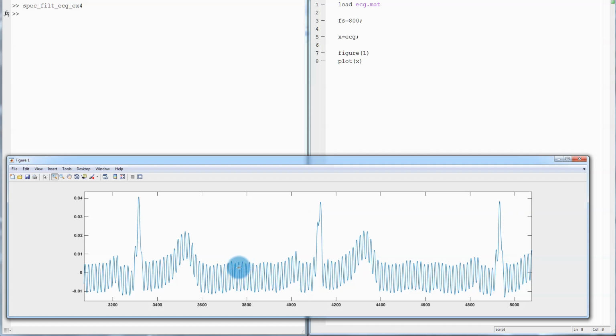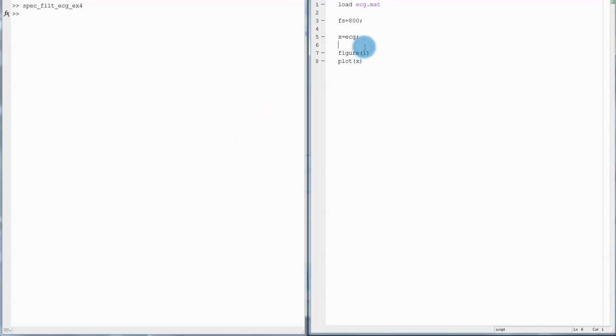And for that, I will use filtering in the spectral domain. And for that, I will use the same steps that I used for the chirp signal. So at first, I will need to take this into the spectral domain by computing the discrete Fourier transform. Now that I have my spectrum, it is a good idea to take a look at it.